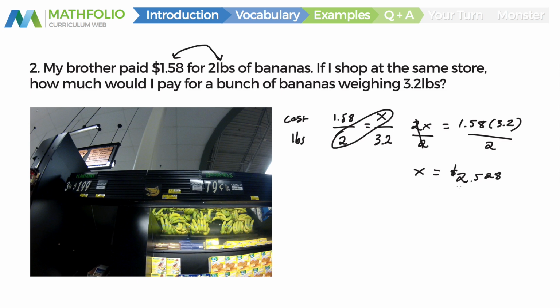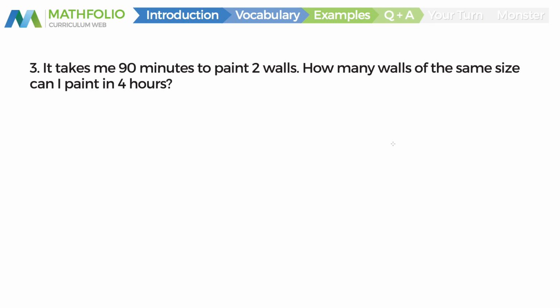This is a dollar amount. Now this goes beyond a penny, so we need it to stop right here. So therefore the answer is going to be $2.53 because the 8 is 5 or more, so it pushes that 2 up to a 3. So $2.53 is the answer.